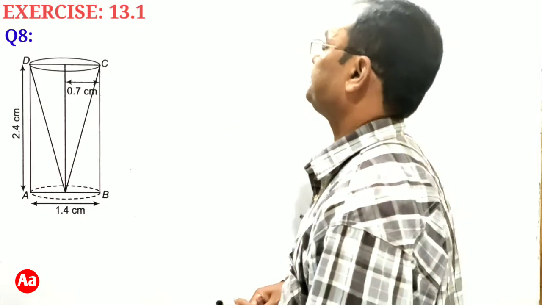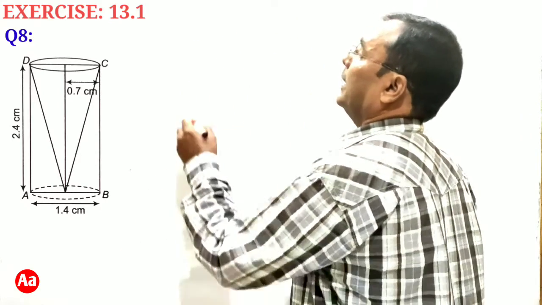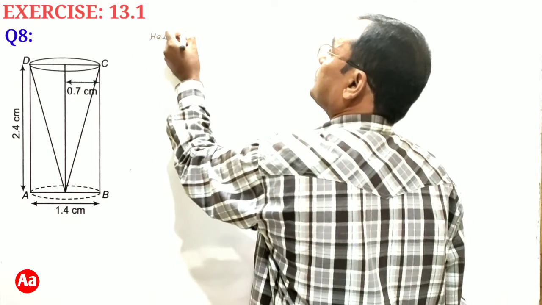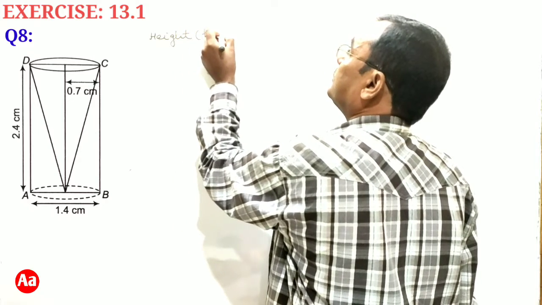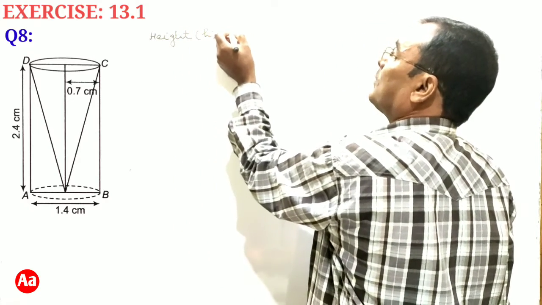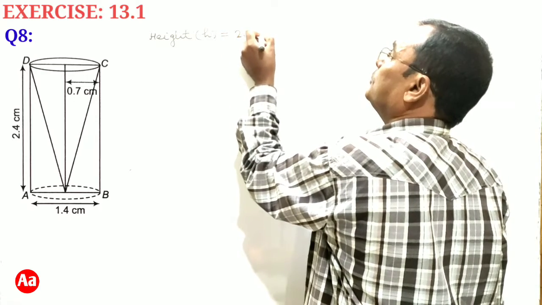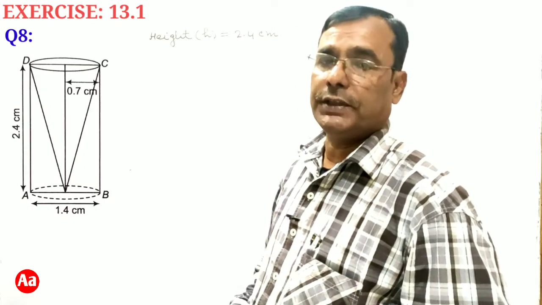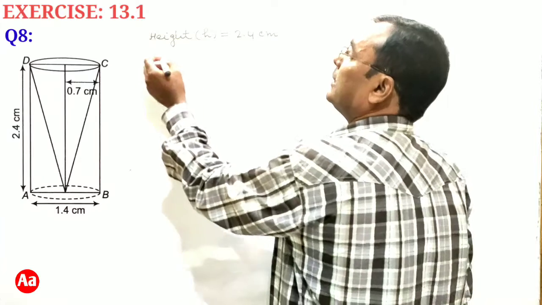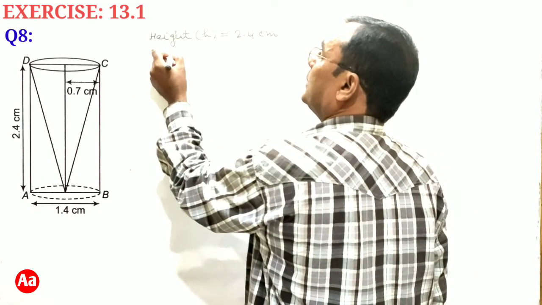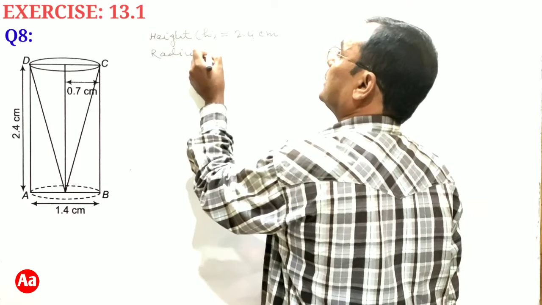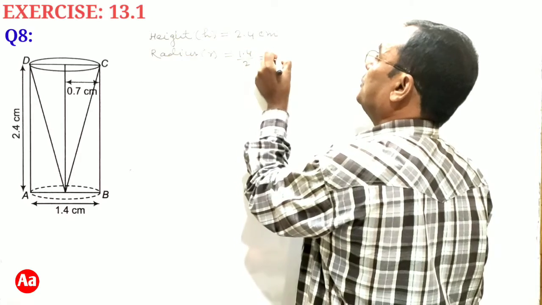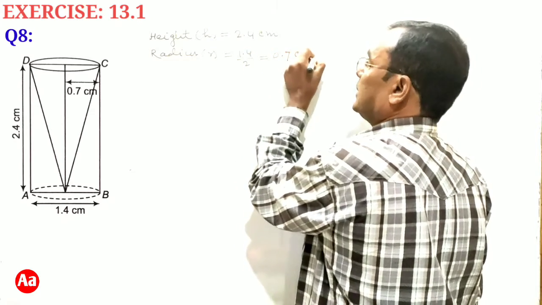So let's write the height h of the solid cylinder, given as 2.4 centimeter. Diameter is given as 1.4 centimeter, so let's directly write radius, 1.4 by 2, which is 0.7 centimeter.